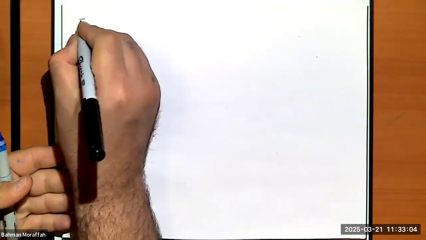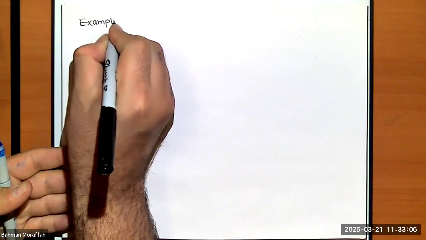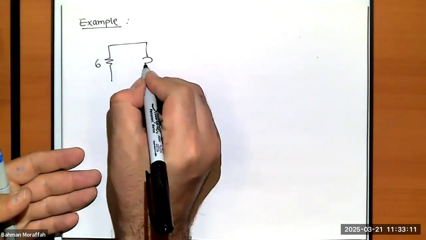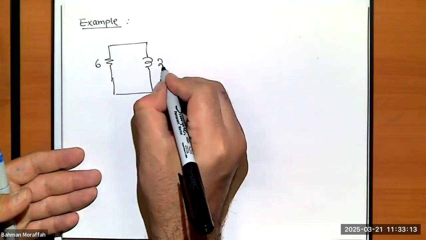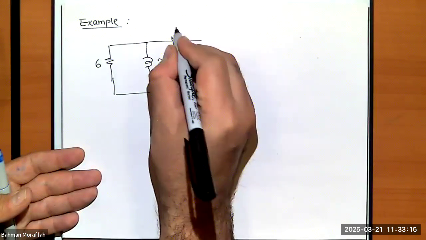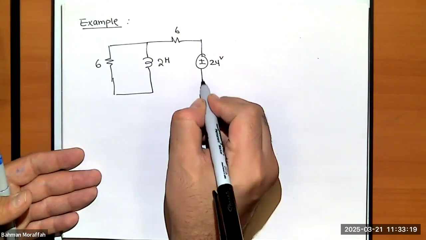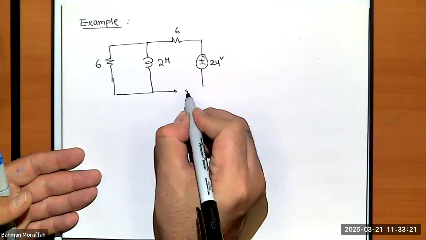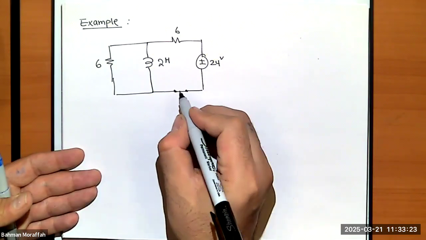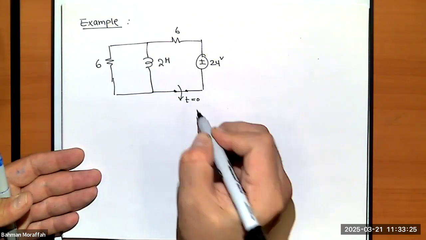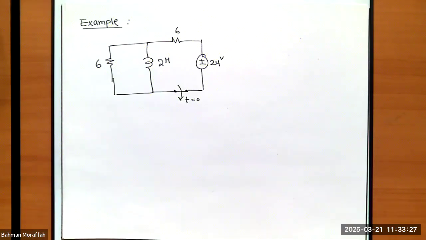Let's just say I'm given a circuit that looks like this. So 2 Henry followed by another 6 and a 24 volts source. And I have a switch over here, which I know will be open at time 0.